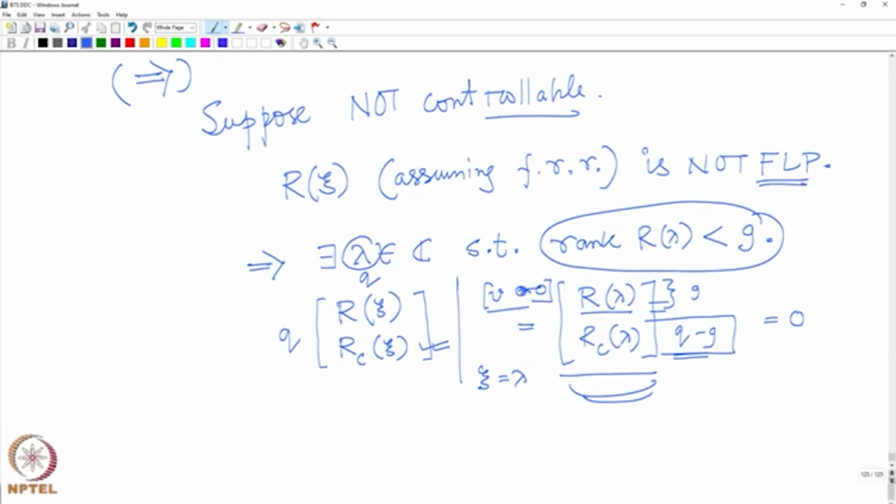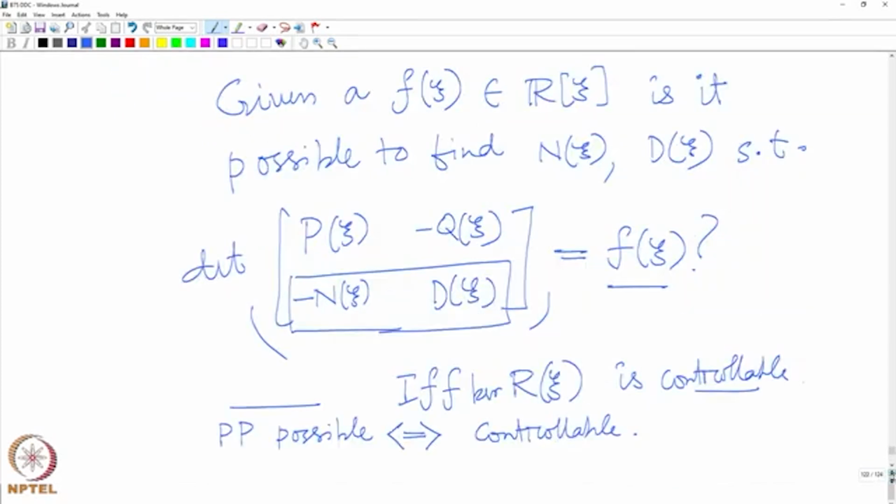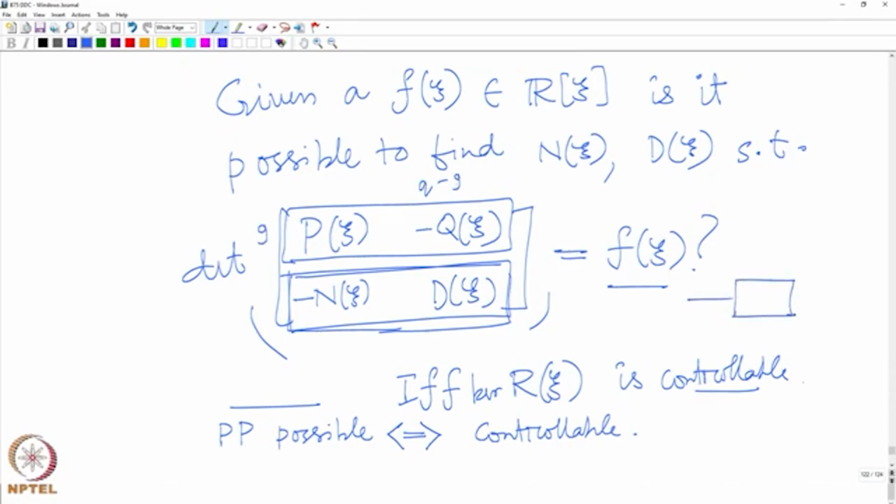Alright. One might ask, why restrict your controllers to only these many rows, why not have more? That comes from the restriction of input and output. What is the input cardinality and output cardinality of this plant? Because I have assumed full row rank, the number of outputs is g, so the number of inputs is q minus g. From your standard control theory point of view, if this is u and this is y, the number of y's is g and the number of u's is q minus g.